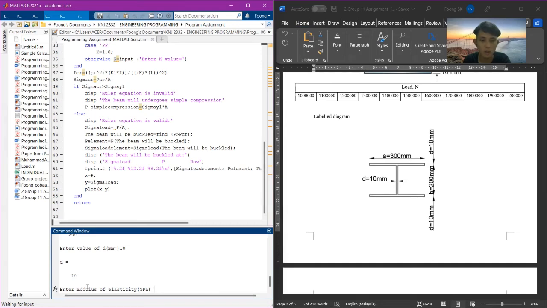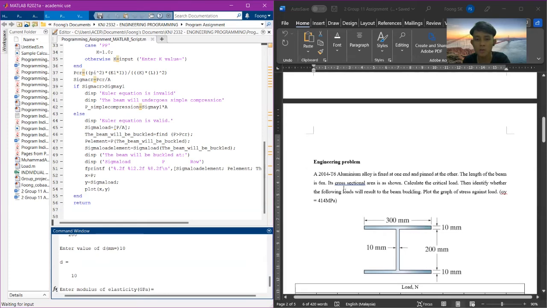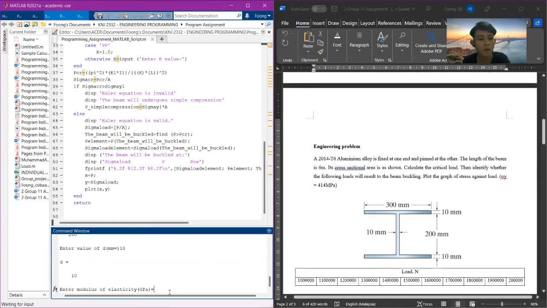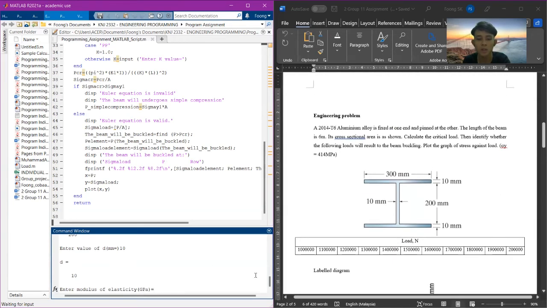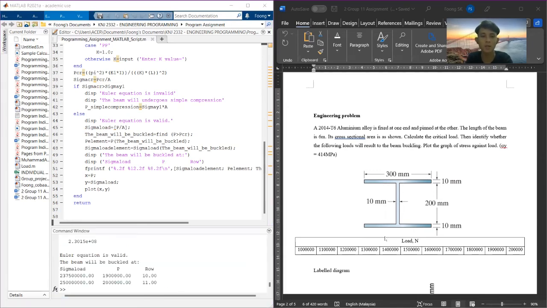Then the modulus of elasticity for the T6 aluminum alloy is 73.1 gigapascal, and the beam length from the question is 6 meter. Yield stress of material is 114 megapascal.